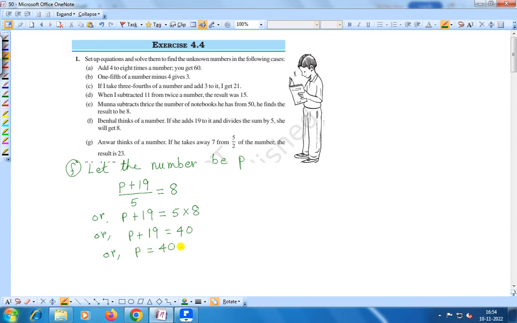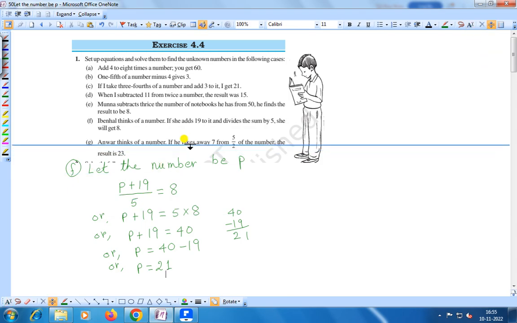If we transpose 19 on the right hand side, it will be minus 19. 40 minus 19 comes to 21, which is the required solution of the equation. Now we shall solve question number G.